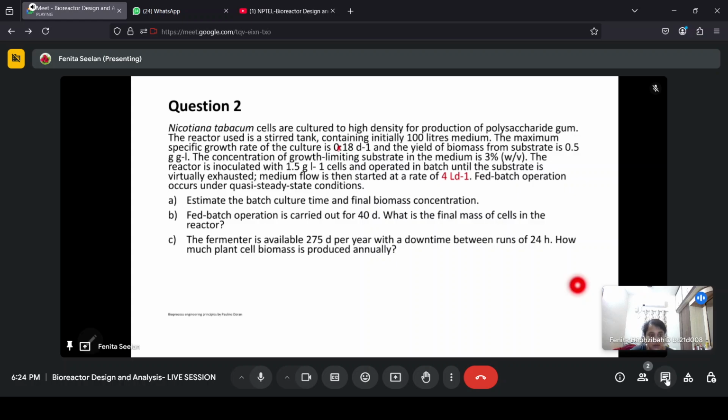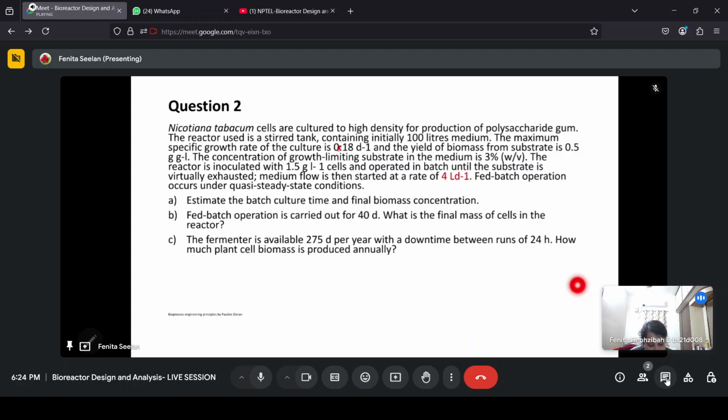So you are asked to identify or estimate the batch culture time. We have already done it, so we'll follow the same protocol, and the final biomass concentration. We have already solved this in the previous problem, and the same way we will solve it again. Question B: fed batch operation is carried out for 40 days.